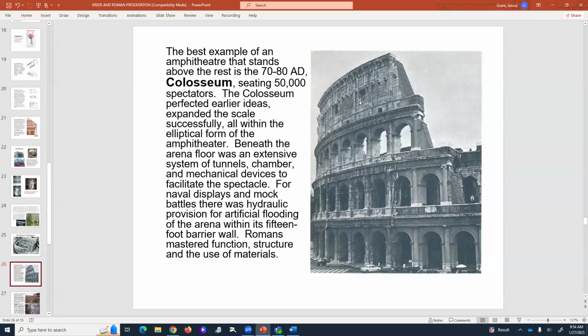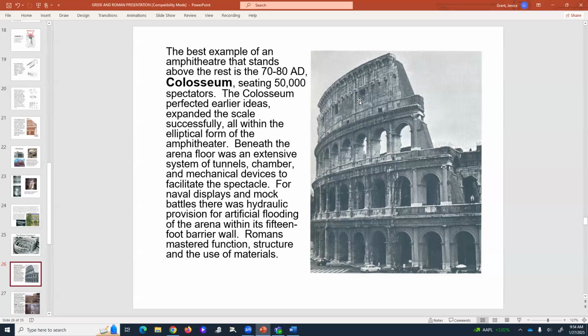So this was 70 to 80 AD, seating 50,000 spectators. The Coliseum expanded the scale of theaters. We're going to talk about the theaters as well as we look at this presentation.